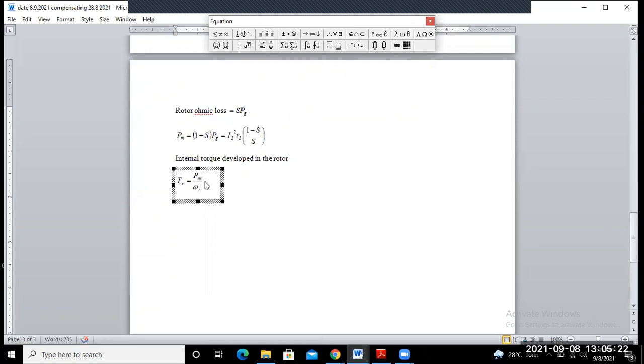So just put here the value of Pm equal to 1 minus S into Pg.